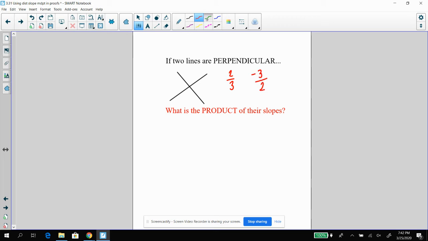3/2. One important thing that we're going to use all the time is if we multiply these 2 slopes together, what do we get? So 2/3 times negative 3/2 is negative 6/6, which is negative 1. And that is true for any perpendicular slopes.